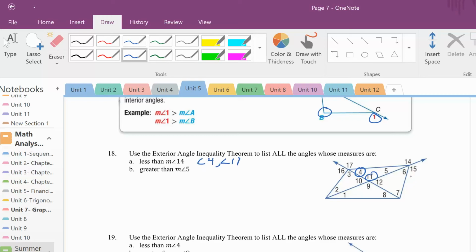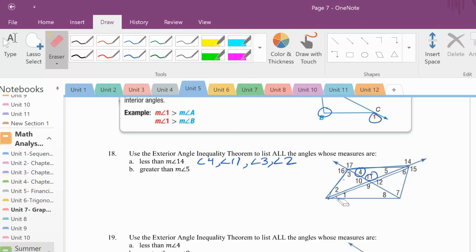But then if you look also in the bigger triangle right here, you also have 3 plus 4 and 2. So you could say angle 3 and angle 2 are also going to be less than 14.